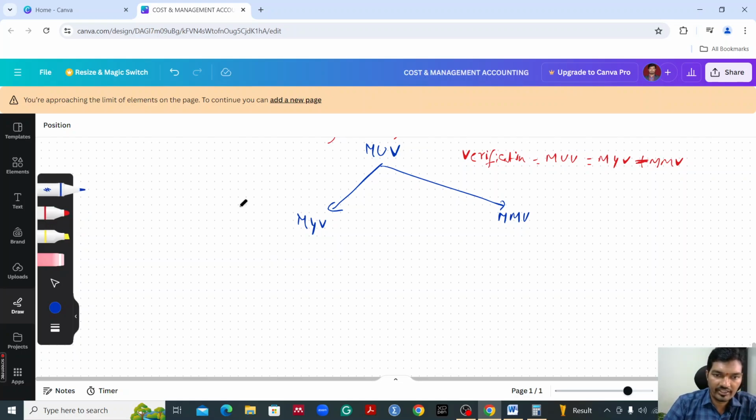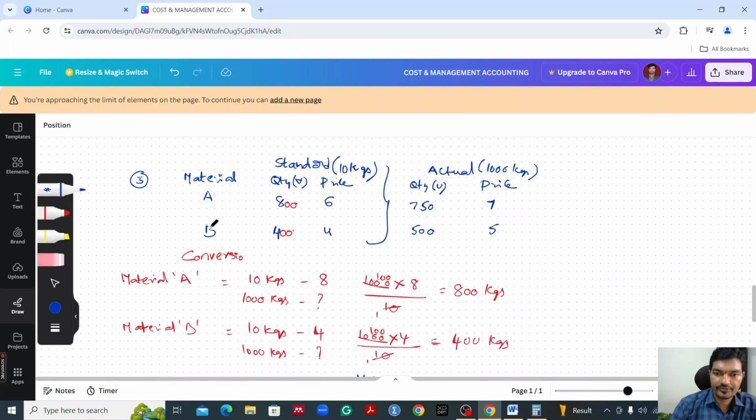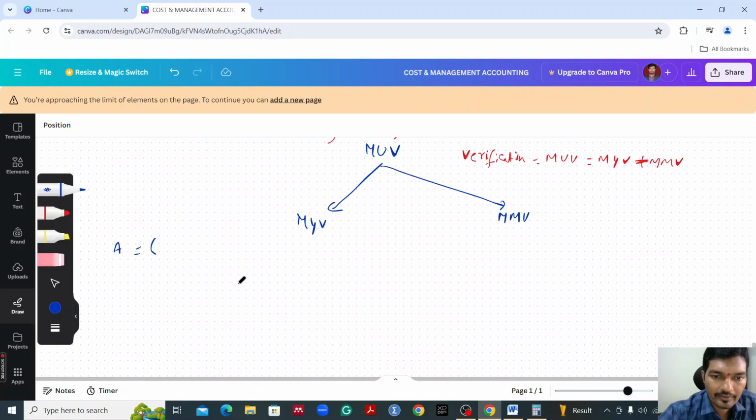So MYV, material yield variance. So the formula to find out the material yield variance. Because we have done revision, initially we converted this data like this. This is a conversion. So we are required to use this formula to find out the material yield variance.